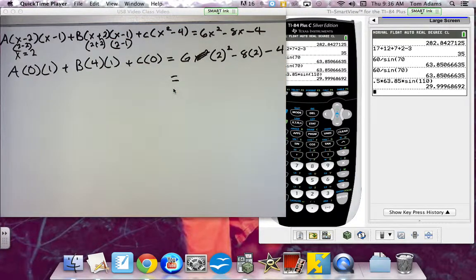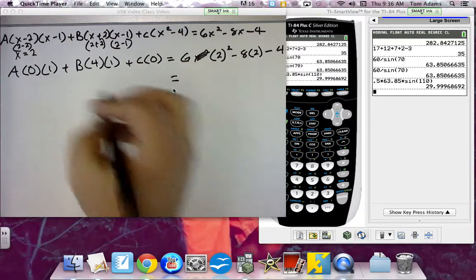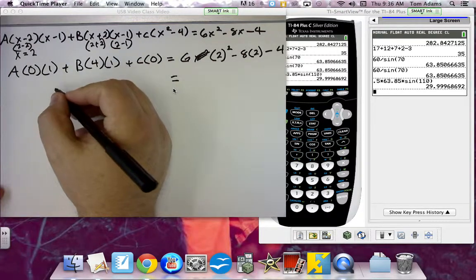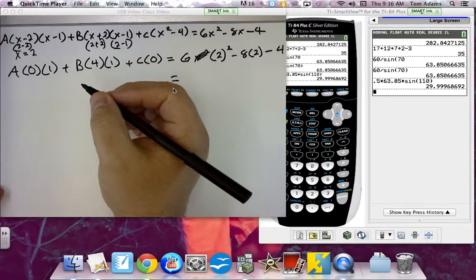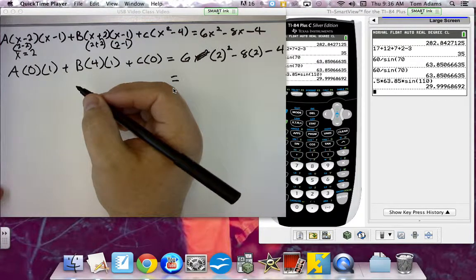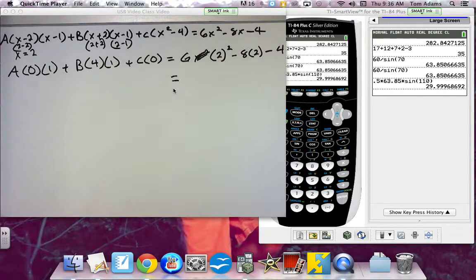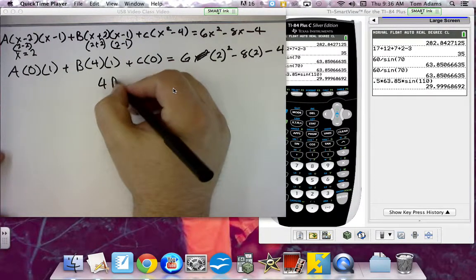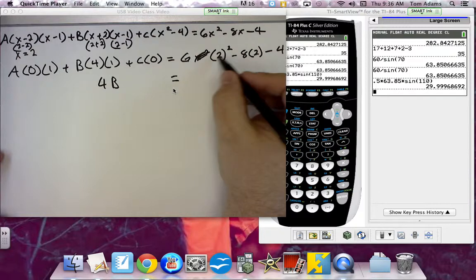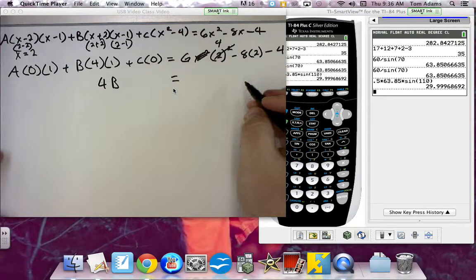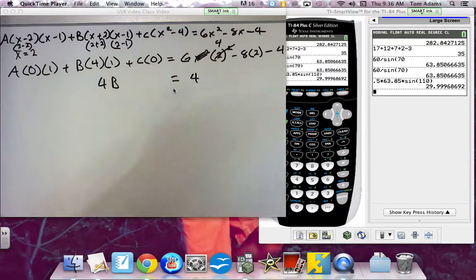I'm figuring out what those factors are in my head. So 4B is equal to 24 minus 16 minus 4, which is 4. So I get B is equal to 1.